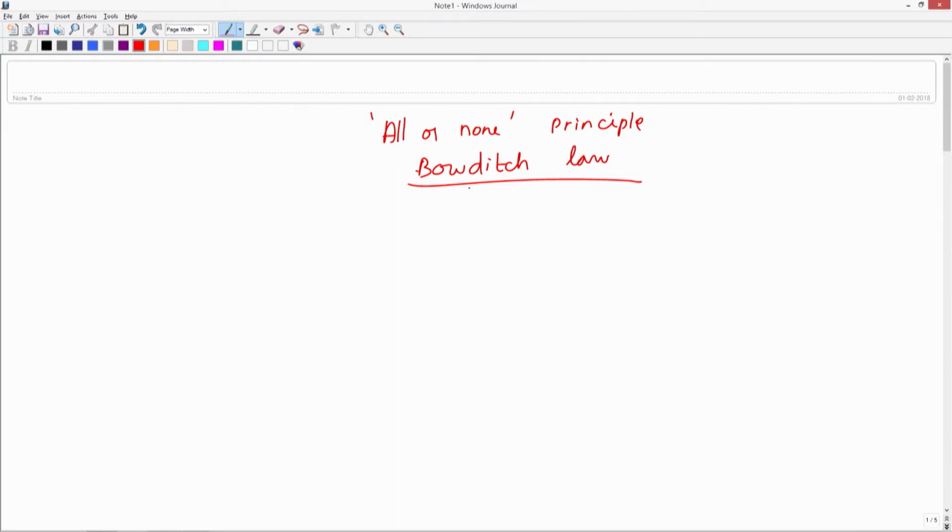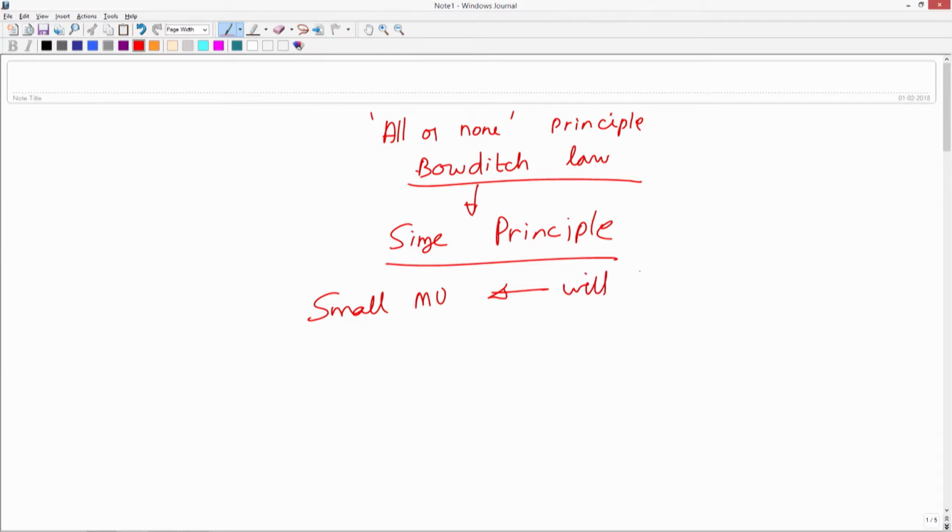Now, this is important because it is going to help us understand another principle called the size principle. This principle says that small motor units will be in action first, generating force first. Why is that?